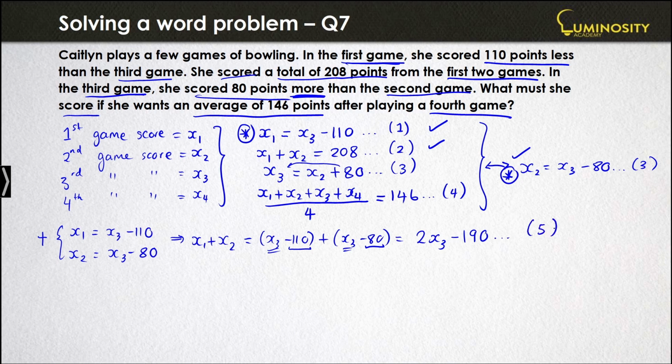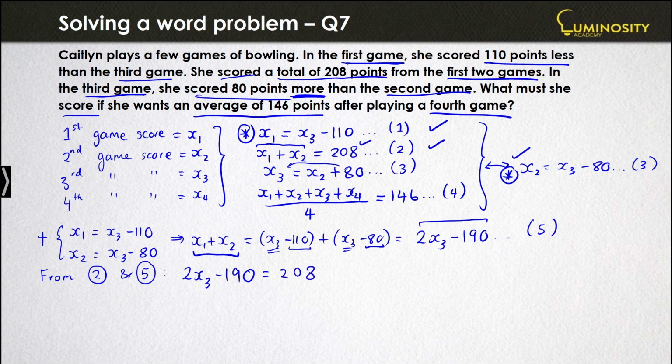So if you look at equation 5, the left-hand side is x1 plus x2. And if you look at equation 2, the left-hand side is also x1 plus x2. So since the left-hand sides of equations 2 and 5 are both equal, I can equate their right-hand sides. The right-hand side of equation 5 was 2x3 minus 190. And the right-hand side was 208 for equation 2.